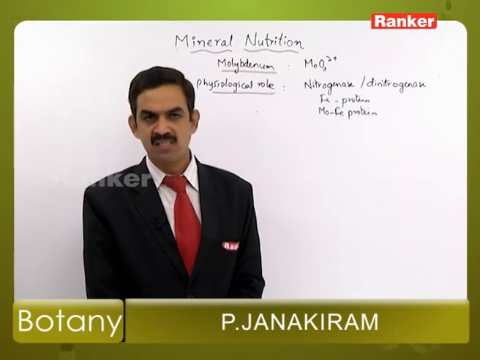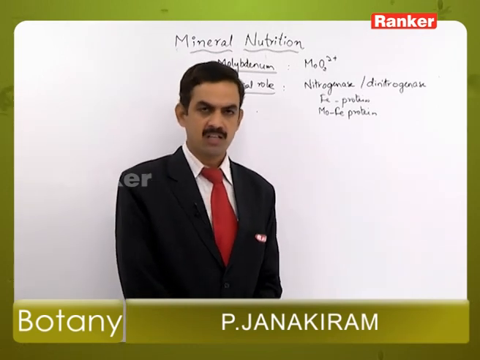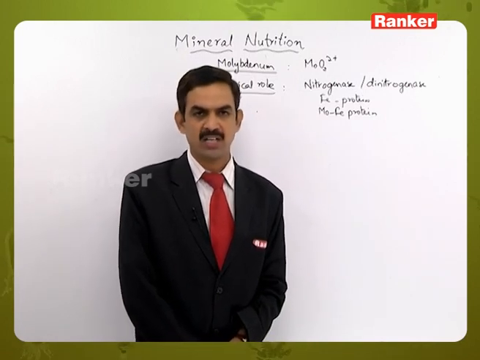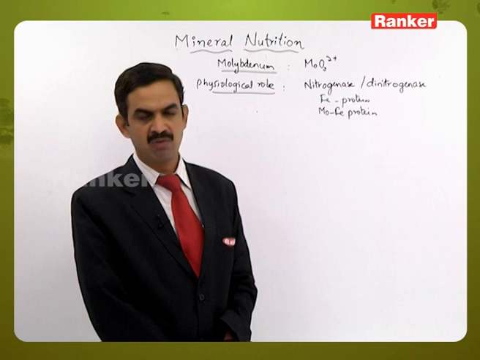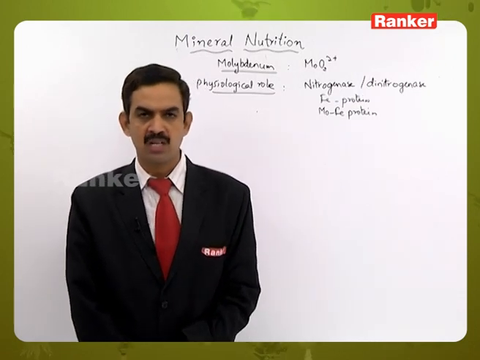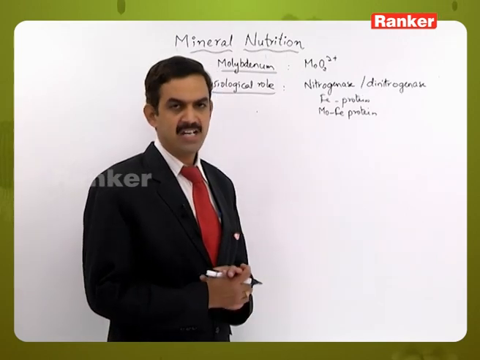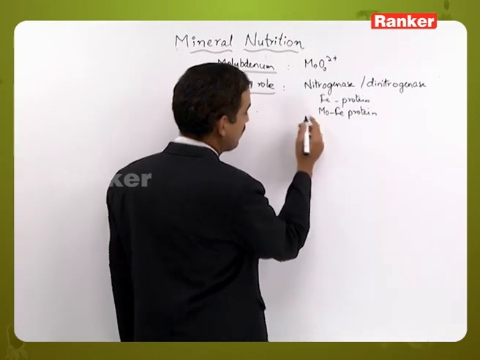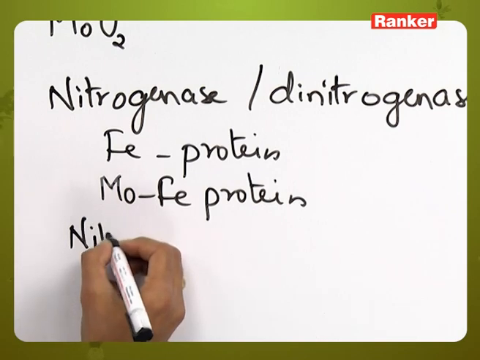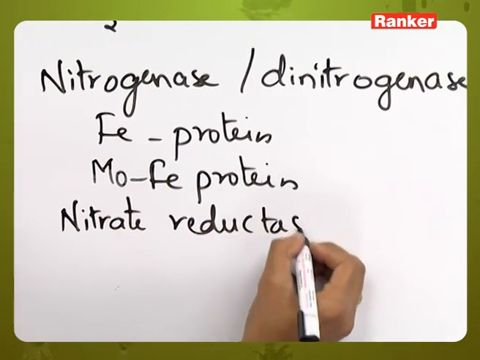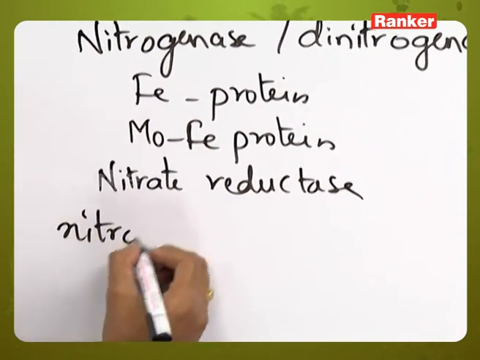This nitrogenase enzyme is present in the symbiotic rhizobium and some of the blue-green algae like Nostoc and Anabaena, which help in the conversion of molecular nitrogen into nitrates. So that is required for nitrogen fixation, and it is also present in the nitrate reductase enzyme, which is also useful in nitrogen fixation.